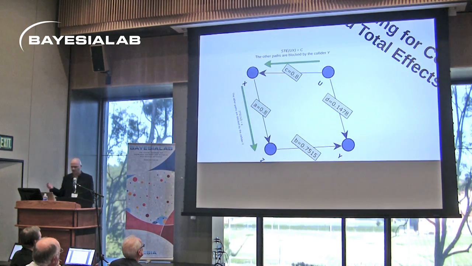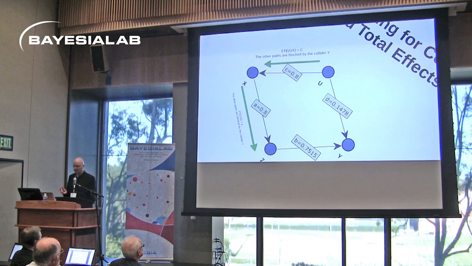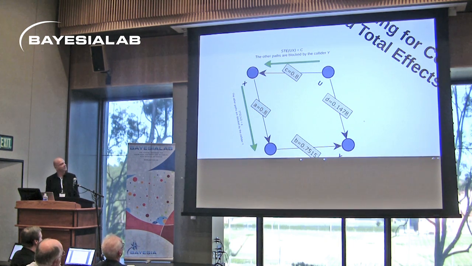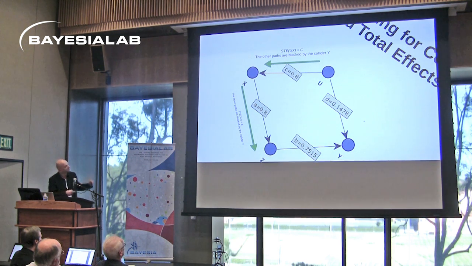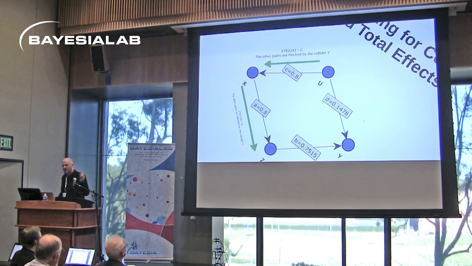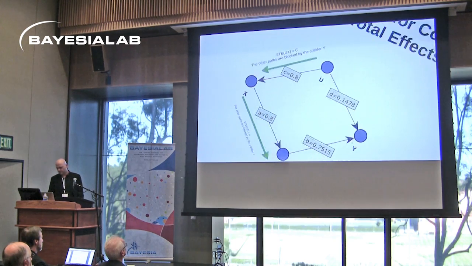So the information is going from u to x directly, and we know that the structural parameter is equal to 0.8, and that's it, because, now I think you are used to that, you have done so many exercises with Felix, the information is blocked here by y. Right? There is a collider here, so the information cannot go from the only one open path from u to x. This is ux. We cannot go from x, z, y, because here y blocks the information.